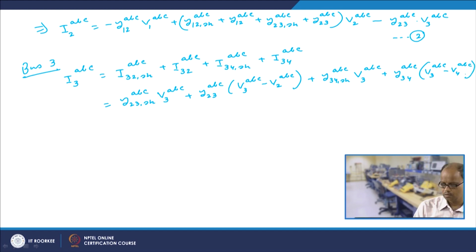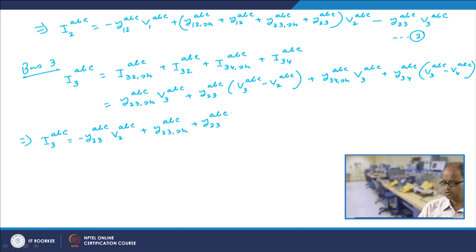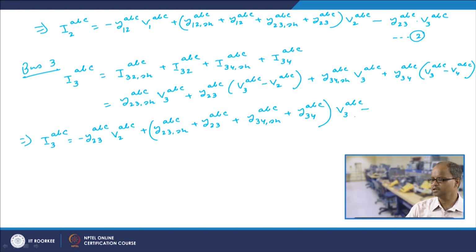So then therefore I3 ABC is minus y23 ABC V2 ABC plus y23 shunt ABC plus y23 ABC plus y34 shunt ABC plus y34 ABC into V3 ABC minus y34 ABC into V4 ABC.